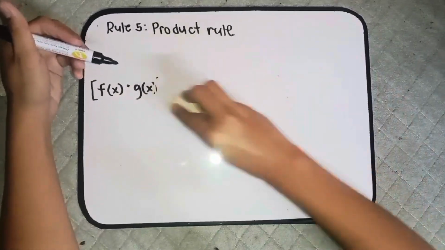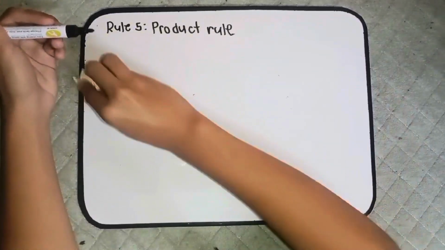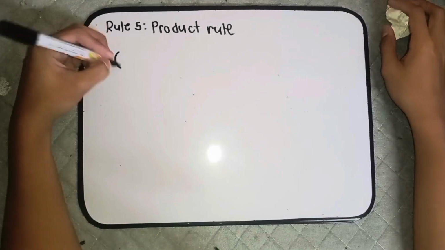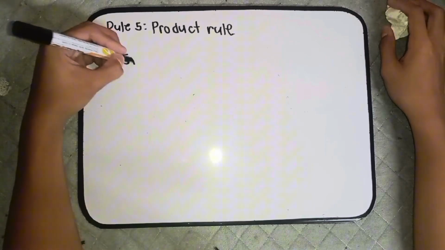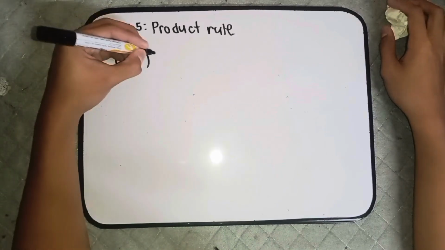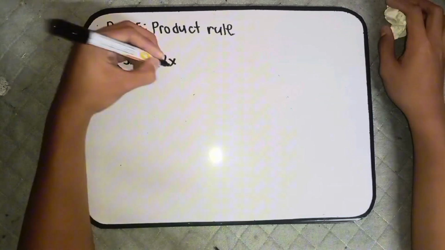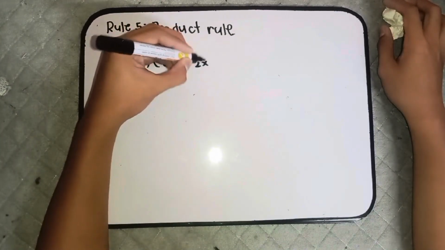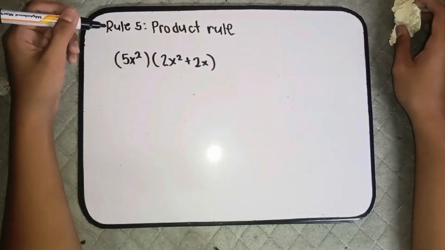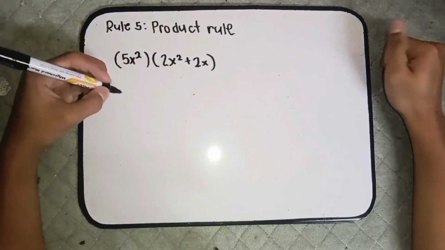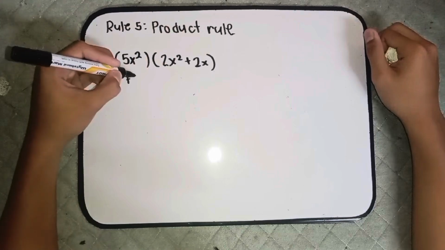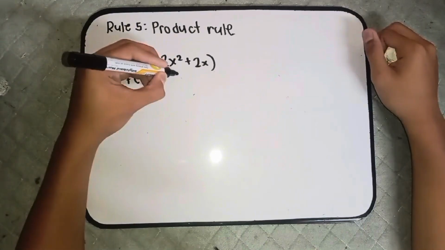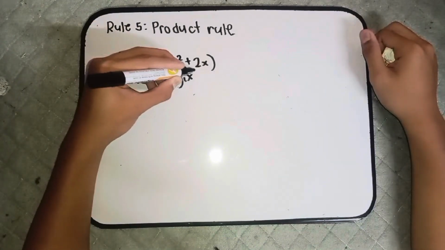Now we are going to use an example: 5x raised to 2 times 2x raised to 2 plus 2x. If we follow the equation, this will be our f of x and this will be our g of x.